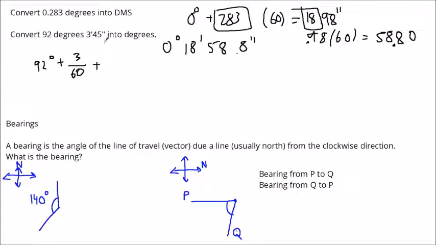And how many seconds? 45 seconds out of 3,600 seconds in a degree. So 3 over 60 is 1 over 20, which in decimal is 0.05, and 45 over 3,600 is 1 over 80, so 0.0125.